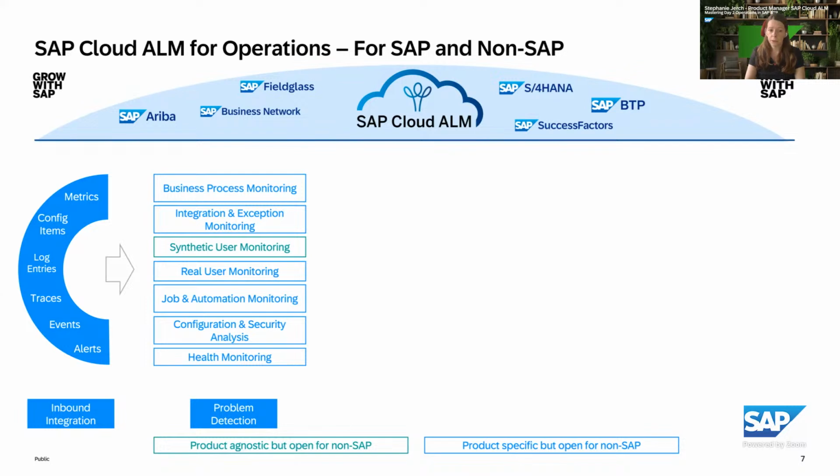The next use case which we are offering, or the perspective where you can look at your landscape, at your services, is the job and automation monitoring, which is clearly around execution of the jobs, any patterns, any long runners, anything which is handled or executed in a special way, followed by the configuration and security analysis, formerly the latest member in the family of our use cases, but nevertheless also an important topic.